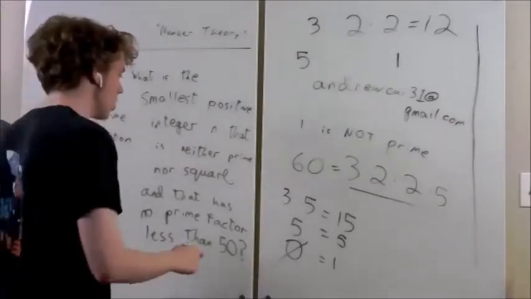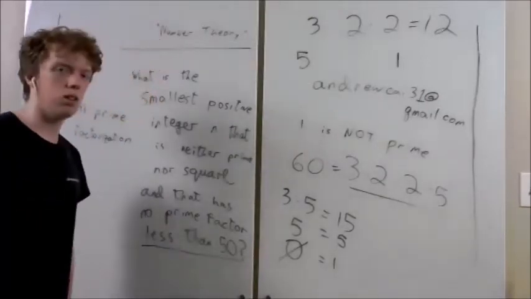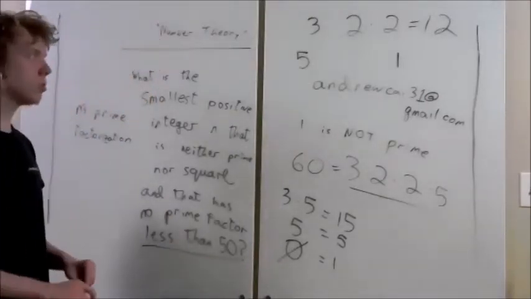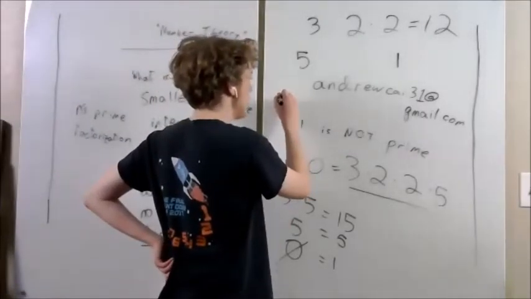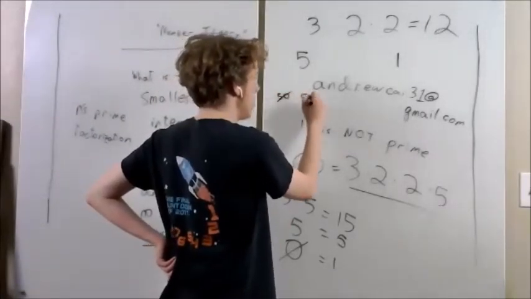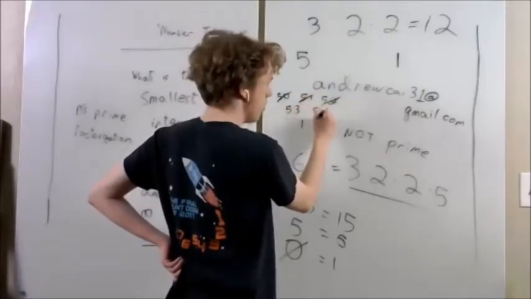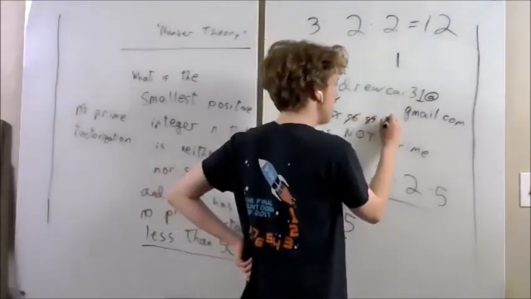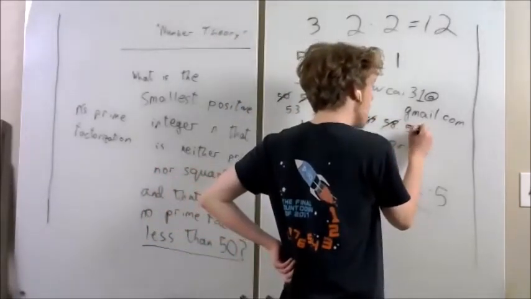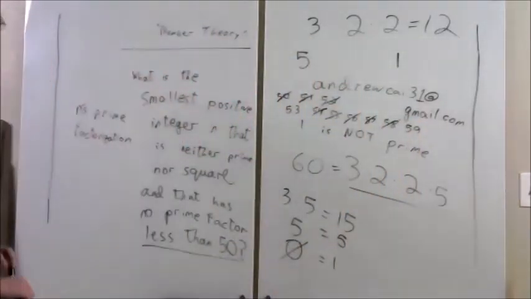We know it doesn't have any primes in it that are less than 50. So what are the smallest prime numbers that are at least 50? Well, 50 isn't prime, 51 isn't prime, 52 isn't prime, 53 is prime, but not 54 or 55 or 56 or 57 or 58. 59 is prime. You could keep going and find more and more primes, but we'll actually only need those two.